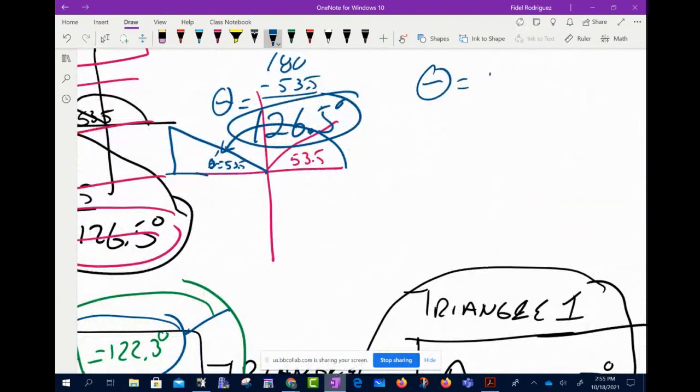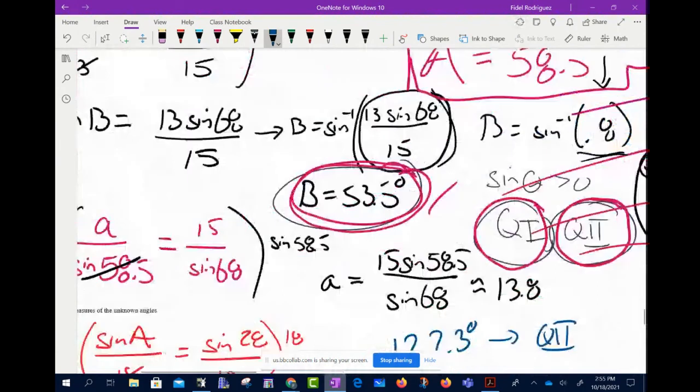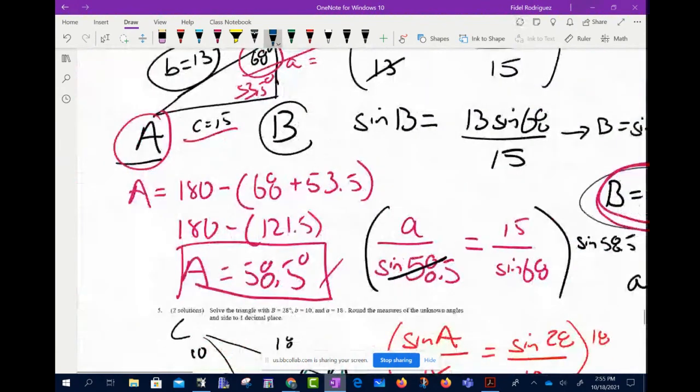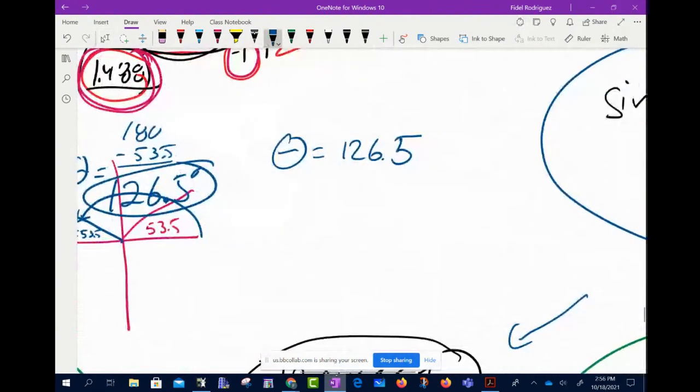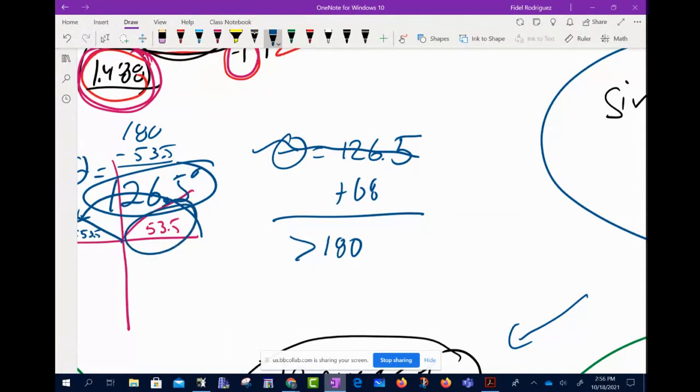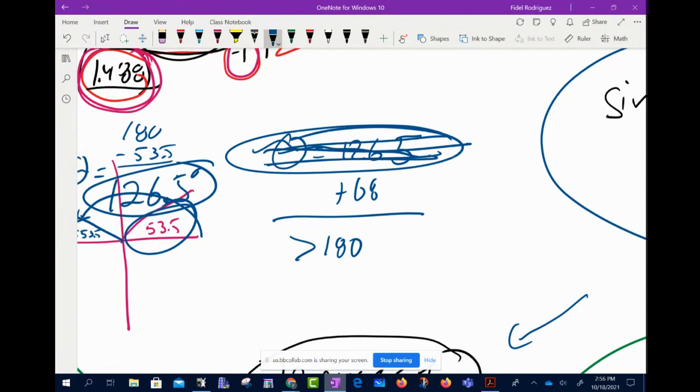The original angle that we already knew in this picture was this one right here, 68 degrees. So if I add 68 degrees to that, I'm already coming up with a number that's more than 180. That's telling me this isn't possible. So I'm only going to work with my 53.5, and I'm not going to worry about this one at all.